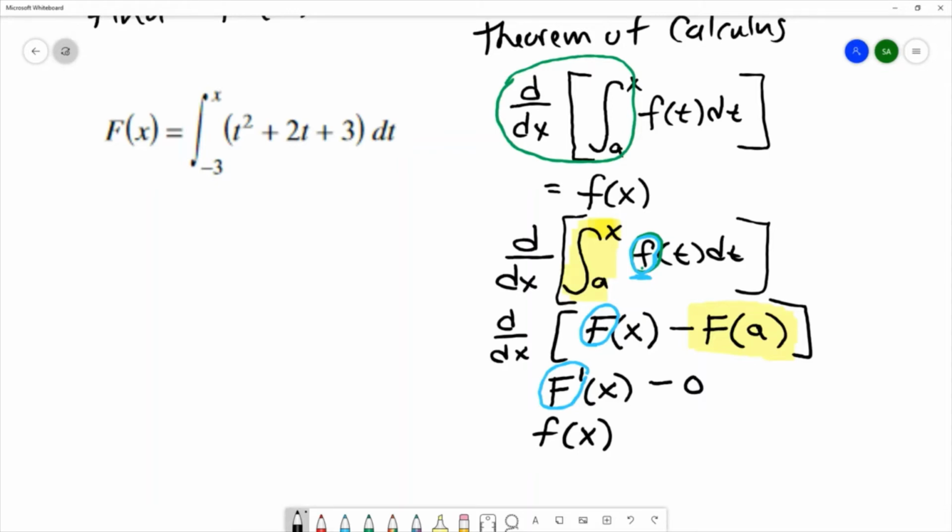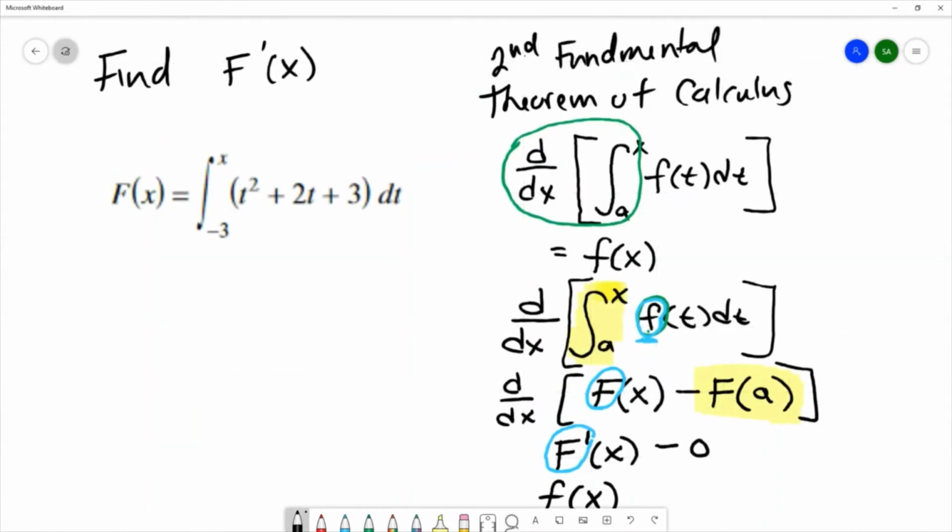So for our example, if we use that idea of the second fundamental theorem of calculus, we are trying to calculate the derivative of an integral. So that means that when we calculate the derivative, it is going to cancel out this integral, but we need to evaluate at this upper bound. I get to ignore the lower bound, and the reason why I get to ignore the lower bound is because it's a constant, and the derivative of a constant is 0.